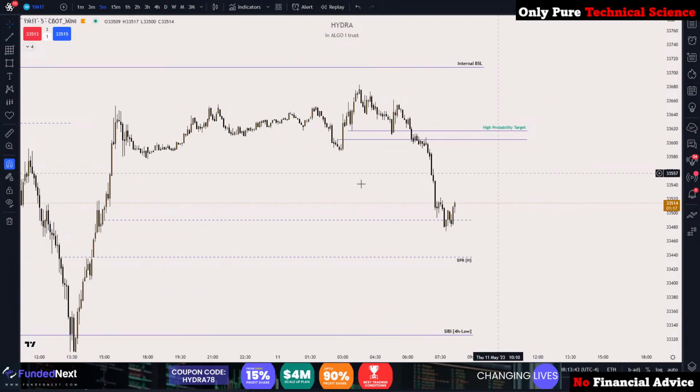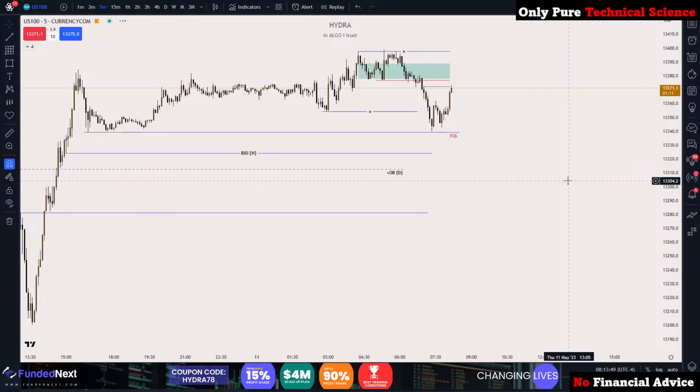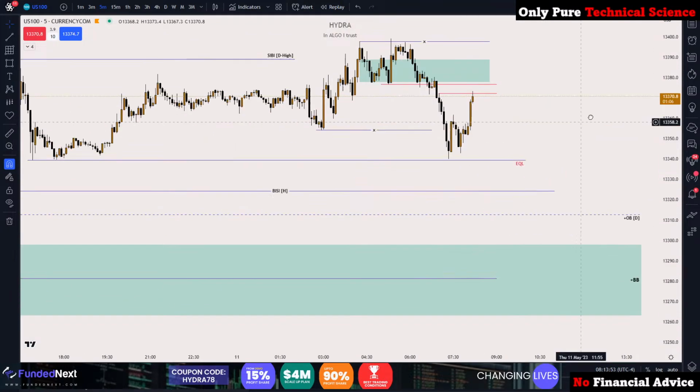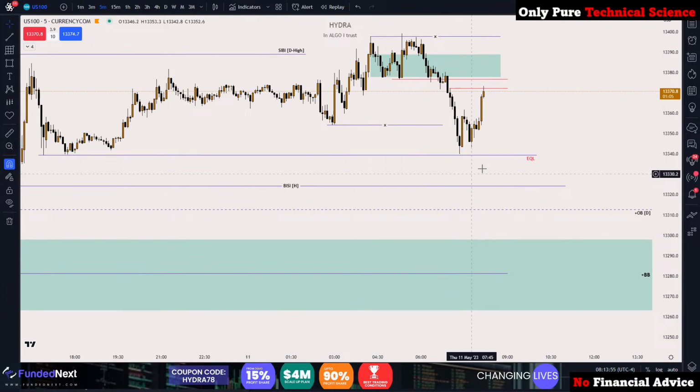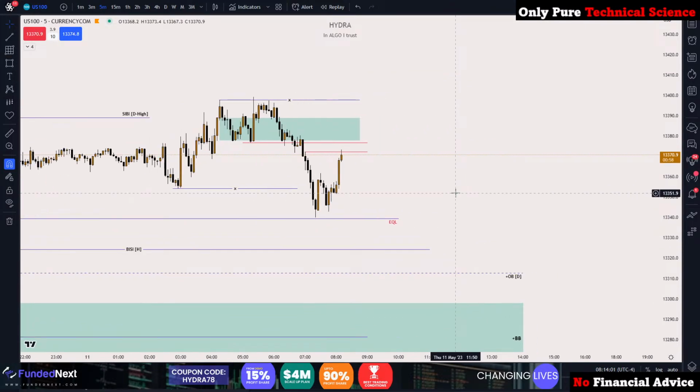To be honest, NQ looks way cleaner to me compared to Dow and ES, because on NQ, if you look here, NQ just hit the fair value gap and generated relative equal lows here. So I think a run into this relative equal low is very much possible, and we do have a breaker block here.